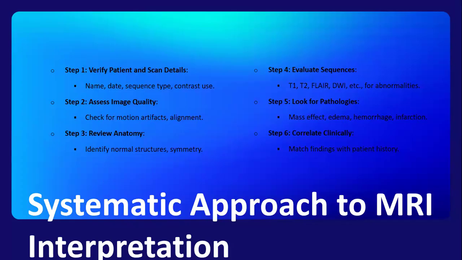You come to the posterior fossa with regards to the cerebellum, then the level of the sellar region, then the third ventricle, then the lateral ventricles, then you come to the cortical level. So you look at the frontal lobe, parietal, occipital and the temporal lobe, and you're pretty much done with your MRI.